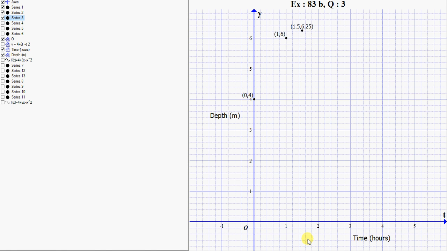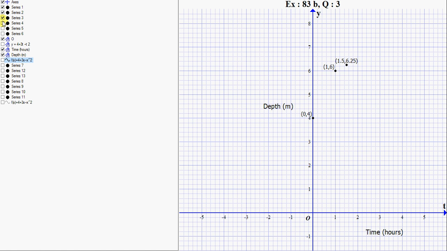Note that all these small divisions are 0.2 centimeter. Fourth point is 2, 6. Fifth point 3, 4. Then sixth point is 4, 0.